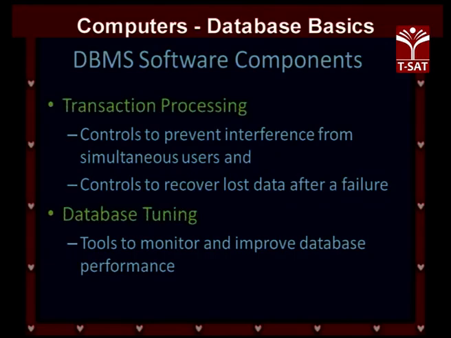For example, I want to access some data, and the same data some other user wants to access simultaneously. So this software will provide scheduling, synchronization, and set a priority. It passes the relevant data to the relevant person.